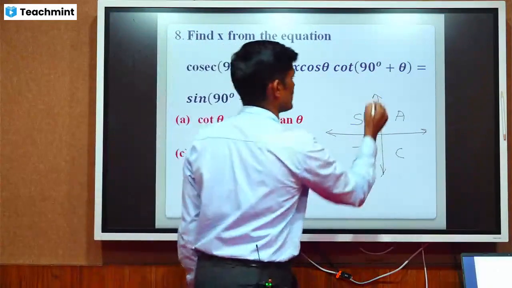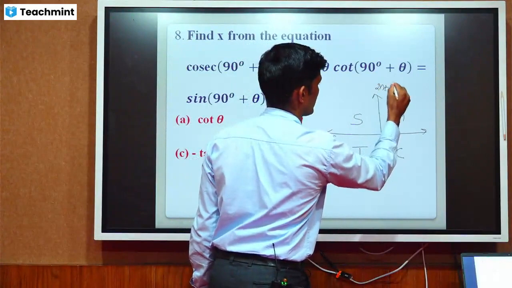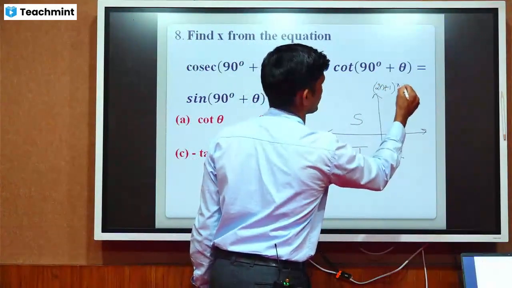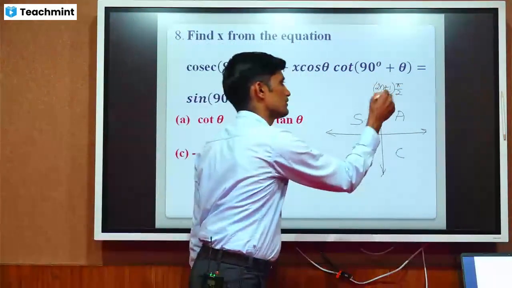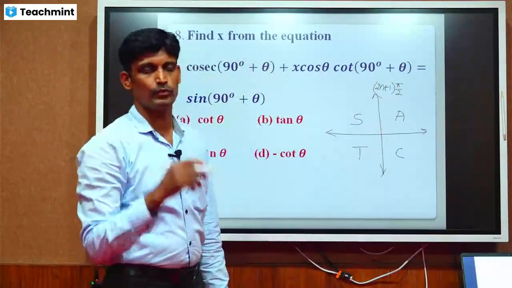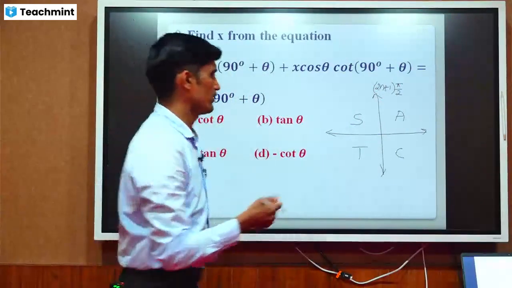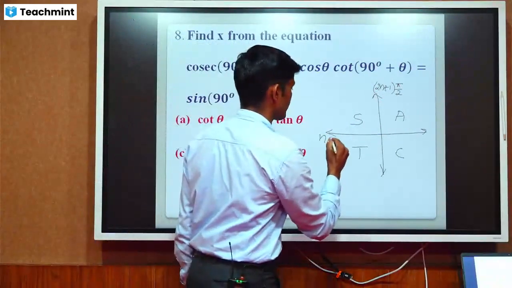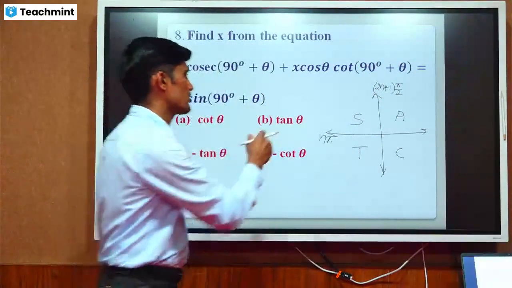And for all the angles (2n plus 1) pi by 2 plus theta or minus theta, the function changes to co-function. And for the angles n pi plus theta or minus theta, the function remains unaltered.